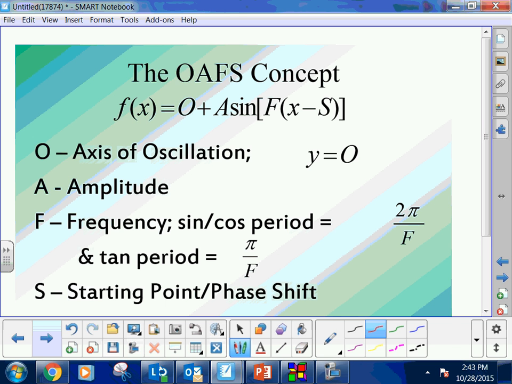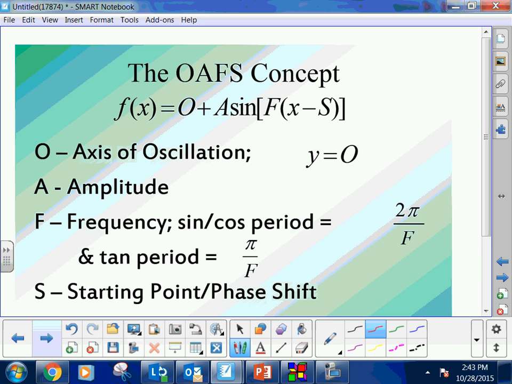I like to take the opportunity to point out the similarities. As far as the axis of oscillation, you see how it's adding? That was what used to be known as the K value. The amplitude is multiplying. That's similar to what we did in the past, where that same number affected the vertical stretch.